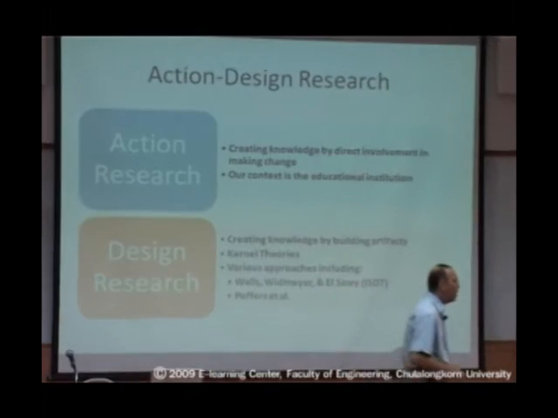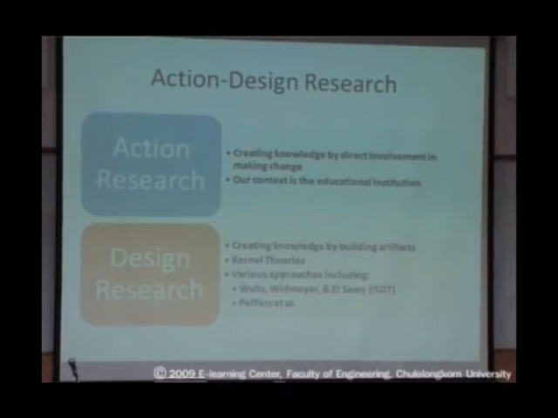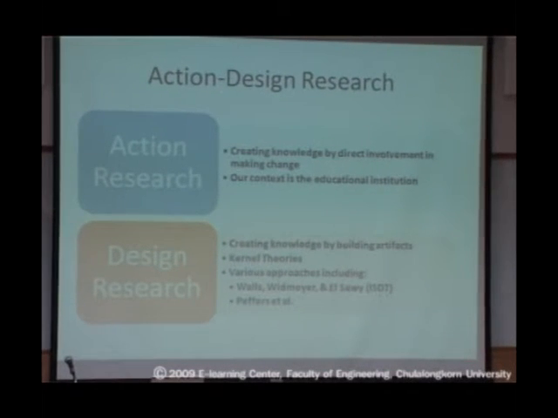in tackling this problem, we've been doing 2 kinds of research in combination. And one type is something that SAP worked on, which is action research. Action research is a little bit complex, but you can boil it down to this. The way you do research is you apply ideas in a real setting, not in a laboratory.